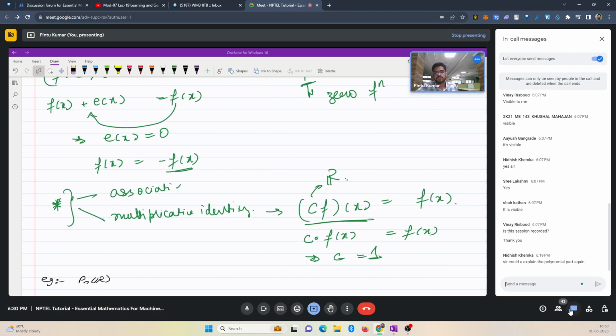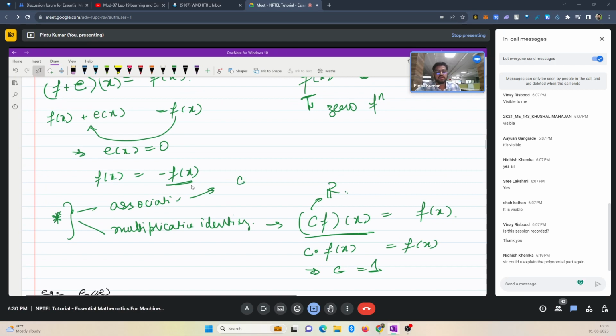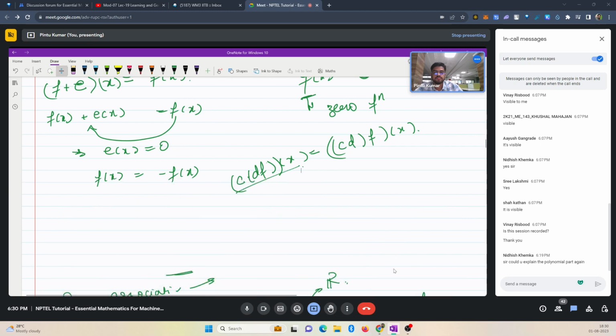Now associative also, if you take C d of f x, isn't this same as C d f of x? This is quite straightforward. If you just break this thing, this left side would be d into f of x into C. This is C d into f of x.